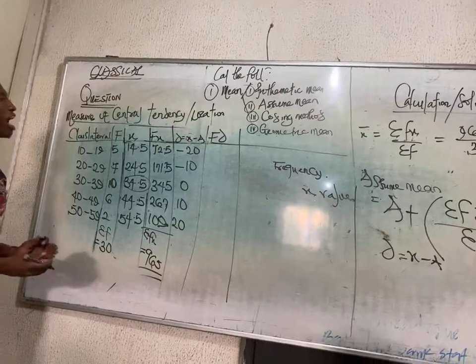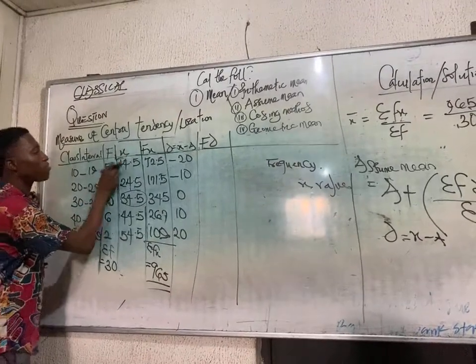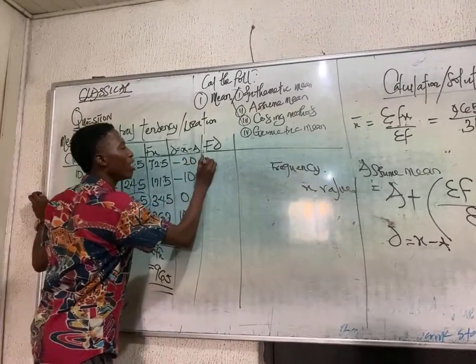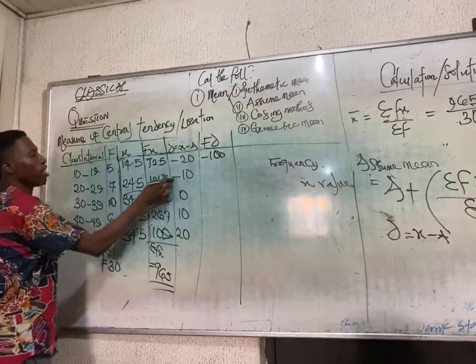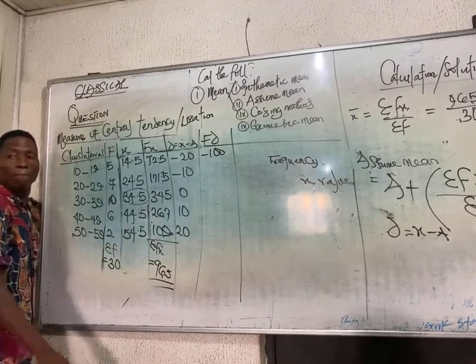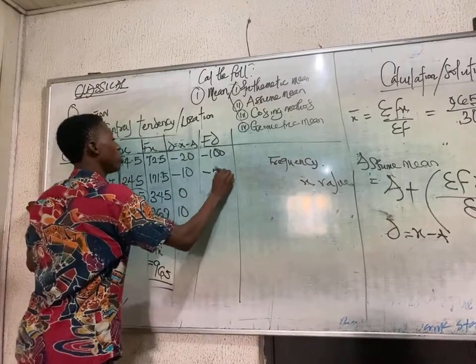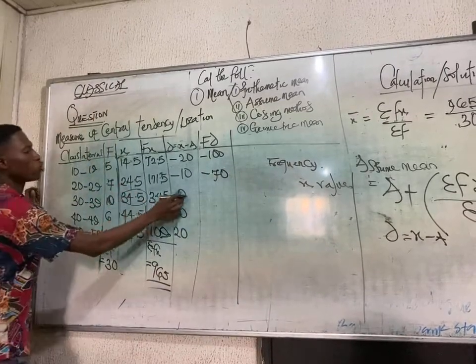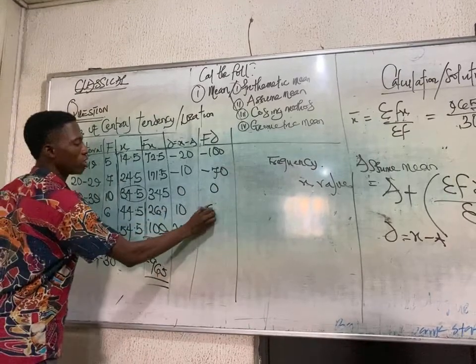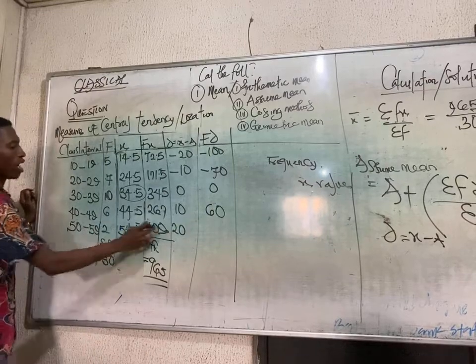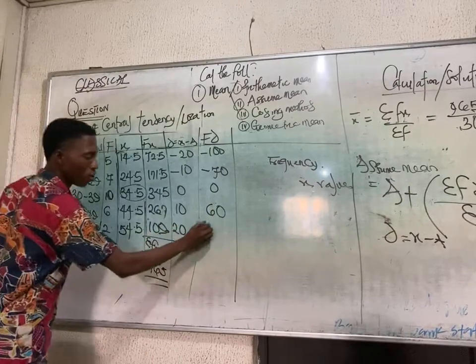So what's my fd? 5 times minus 20 will give me minus 100. 7 times minus 10 will give me minus 70. 10 times 0 will surely give me 0. So 6 times 10 is 60. 2 times 20 is 40.